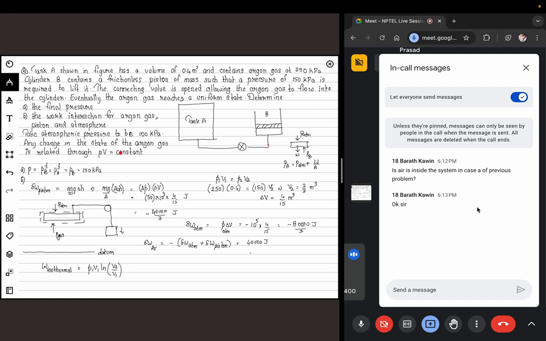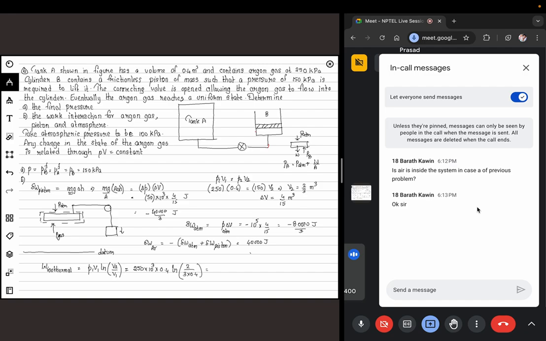So when you have PV equal to constant, this is the equation that you can also use. If you substitute into this equation, what will happen? The P1 is already given to you. V2 by V1, V2 I have already calculated as 2 by 3.